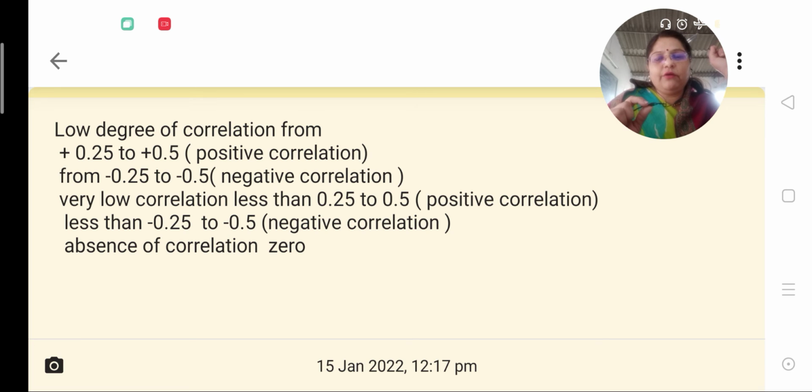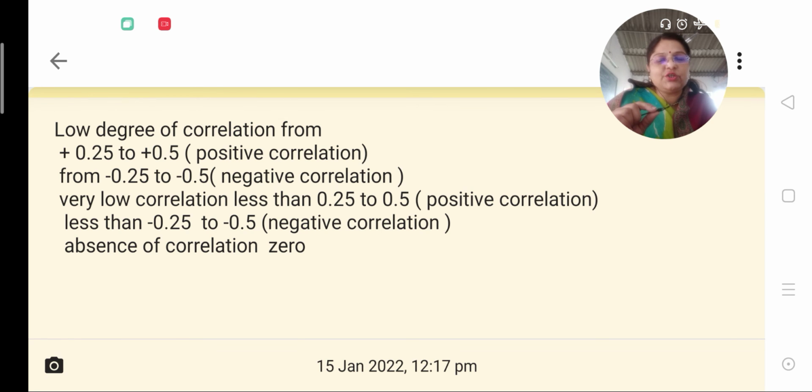A very low degree of correlation will exist when the value of r is less than 0.25, and a very low negative correlation will exist when the value of r is less than -0.25. There is a typing error over here.